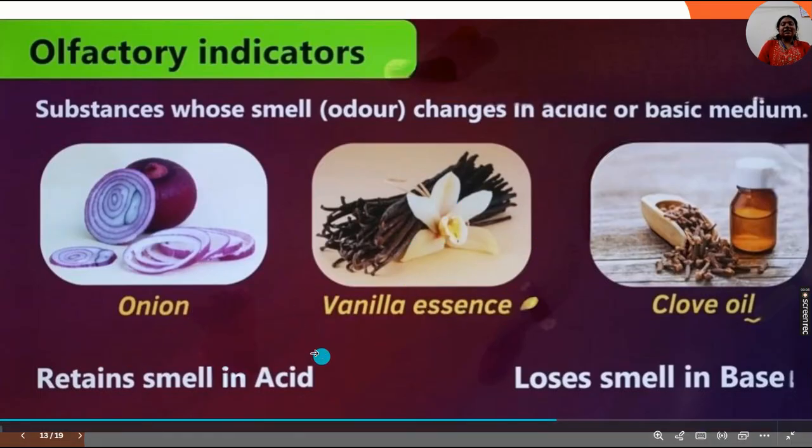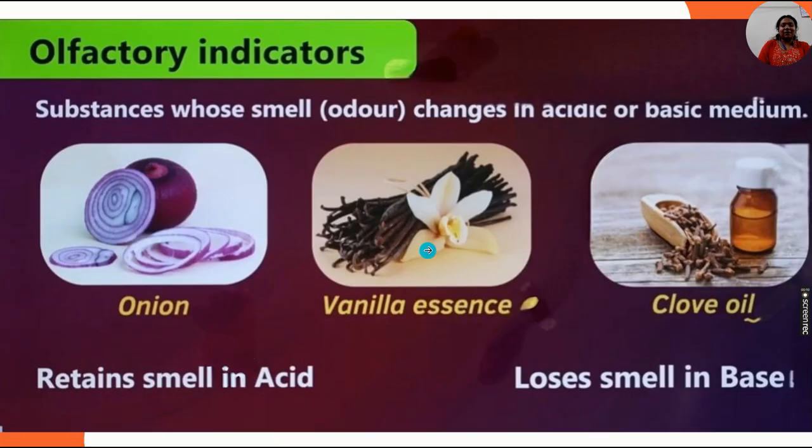It retains its smell, that means no smell change in the presence of acid. But if this vanilla essence is added to the base, then its smell will change. By this, we will understand which one is acid and which one is base.